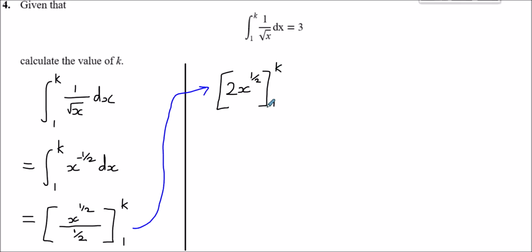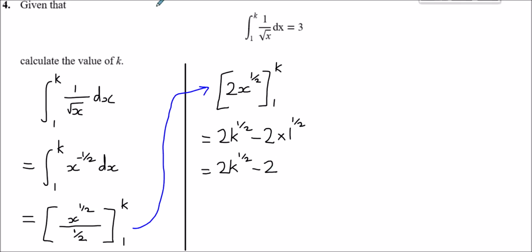And so if we input the higher limit, k, for x, what we're going to have is 2k to the half, square root of k if you like, then minus 2 times 1 to the half, and that just equals 2k to the half, and 1 to a half, square root of 1 is just 1, so 2 times 1 just gives us minus 2.